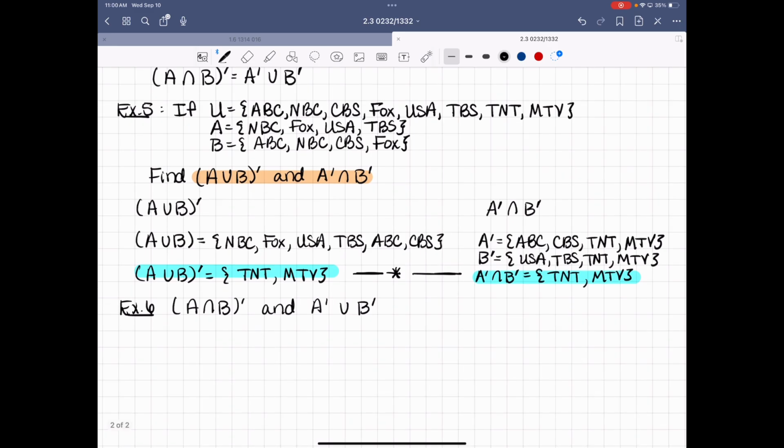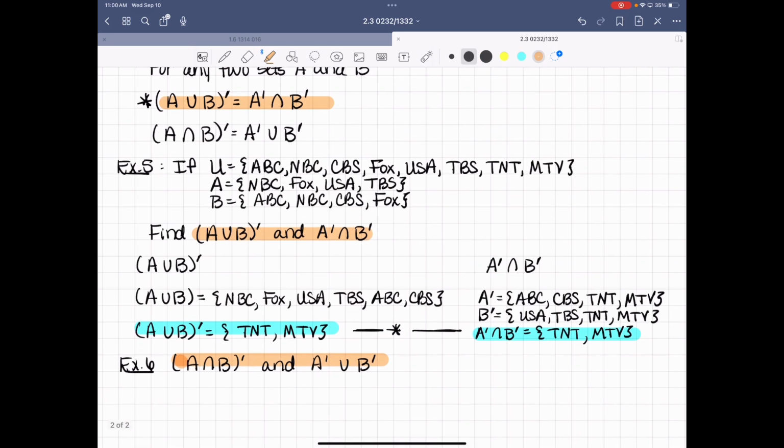So that is my second De Morgan's law, isn't it? We're going to prove that they're equal to one another.